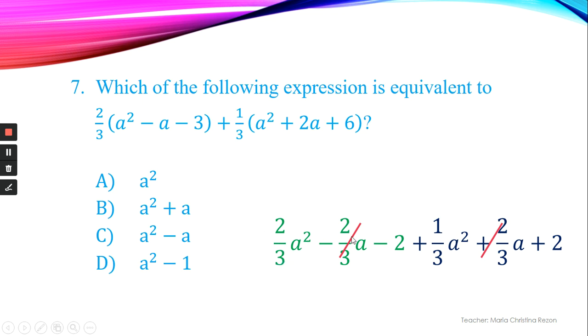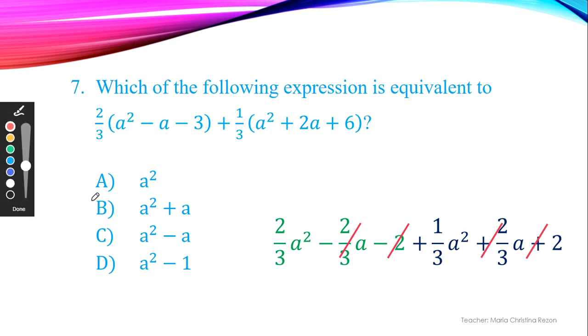So 2 over 3 plus 1/3 gives you 1. So what is left is a squared. And then you have negative 2 and 2, that is 0. So your answer is letter A, or a squared.